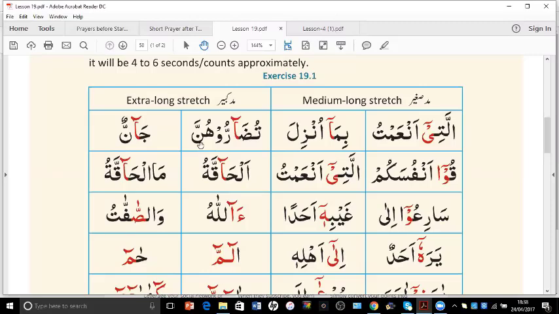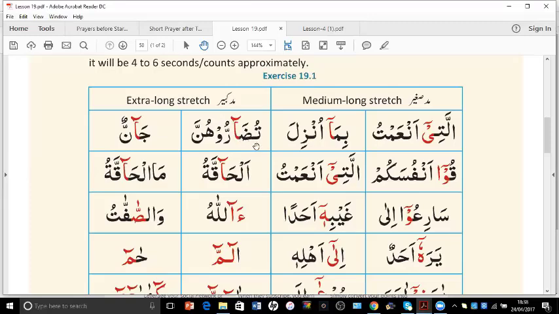Okay, well done. In this particular section, you have to pay quite close attention because whenever we see a mushaddad letter that has to join on after this madd, we have to make sure that we do join the ra or the mushaddad letter to the previous letter somehow.